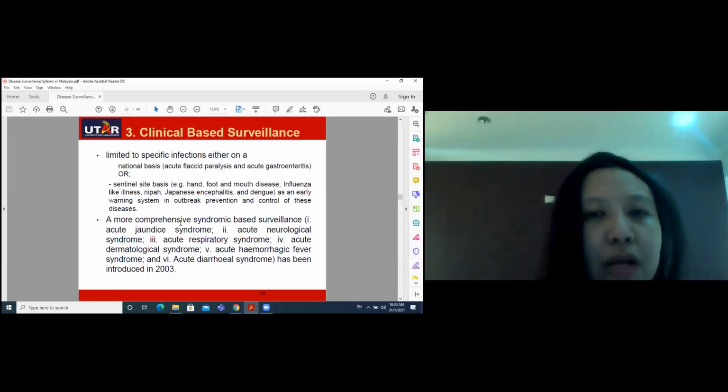Then there is a more comprehensive syndromic-based surveillance, where we look into these syndromes: acute jaundice syndrome, acute neurological syndrome, acute respiratory syndrome, dermatological syndrome, acute hemorrhagic fever syndrome, and also diarrheal syndrome. These are the main comprehensive syndromic-based surveillance systems introduced in 2003.